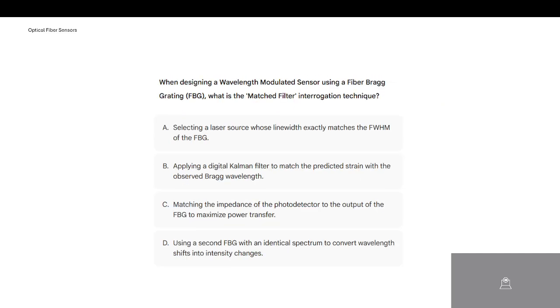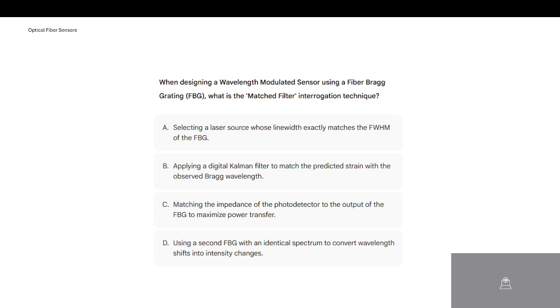Moving towards the next thing. When designing a wavelength modulated sensor using a fiber Bragg grating, what is the matched filter interrogation technique? Option A, selecting a laser source whose line width exactly matches the full width half maximum of the FBG.